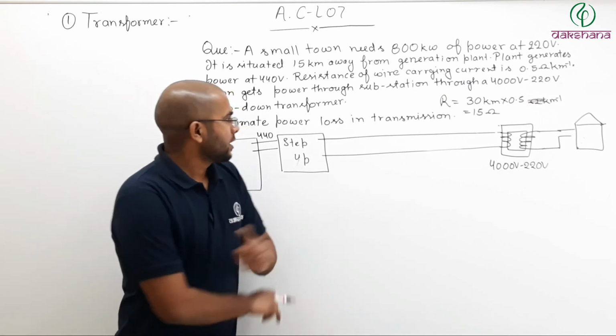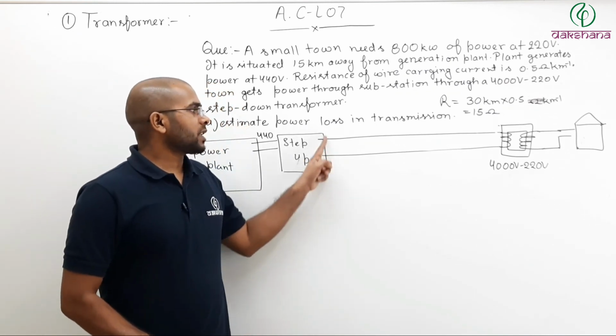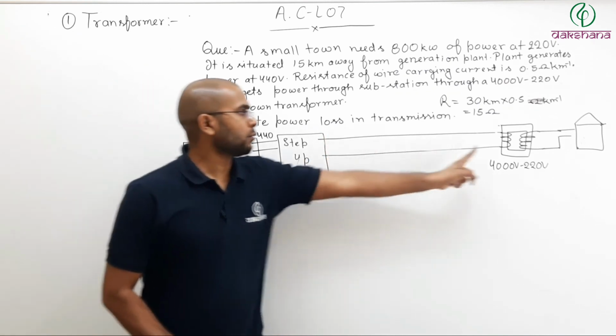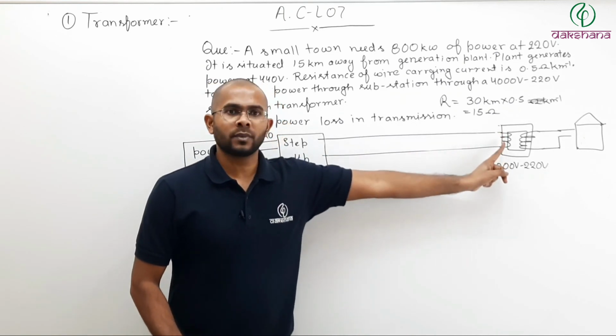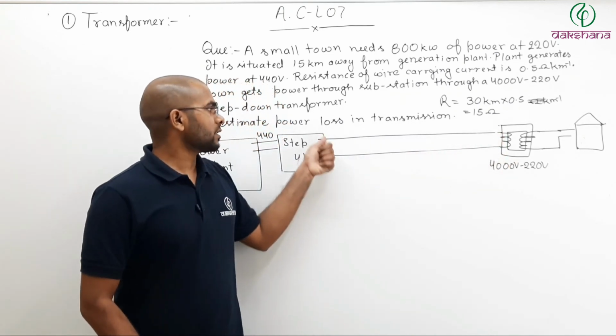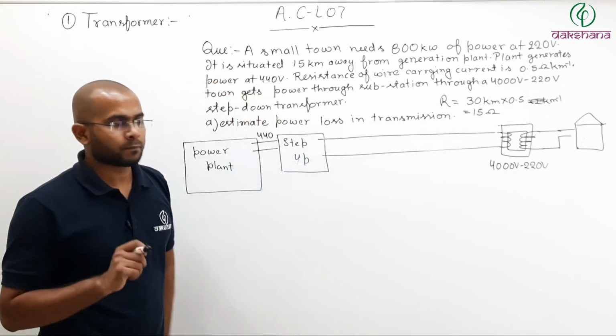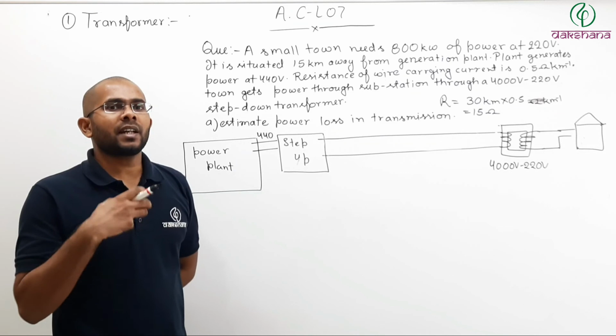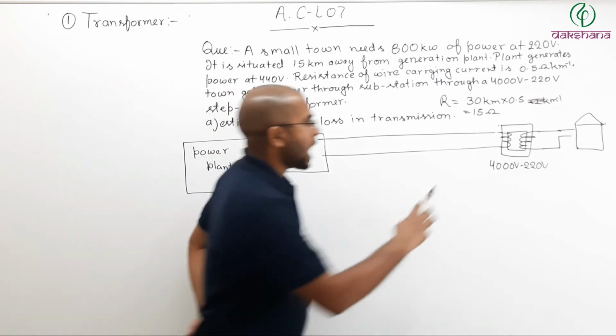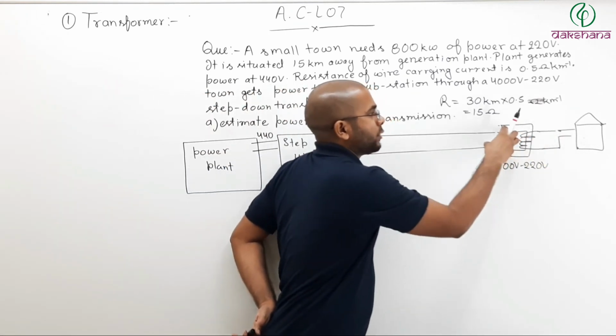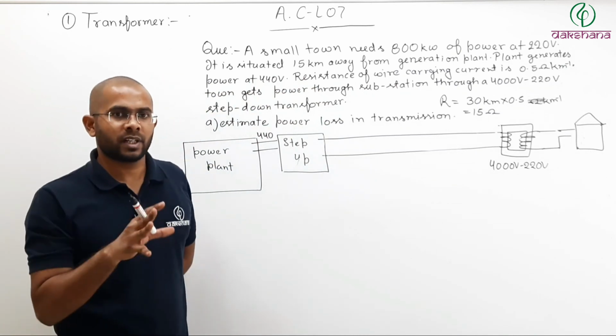Now here you don't know what the voltage is. You know the voltage here, 4000 volts, but you don't know the voltage here. Now, can I know the current in this circuit? Let us try. You have seen that in a transformer, output power is equal to input power. That you have studied.